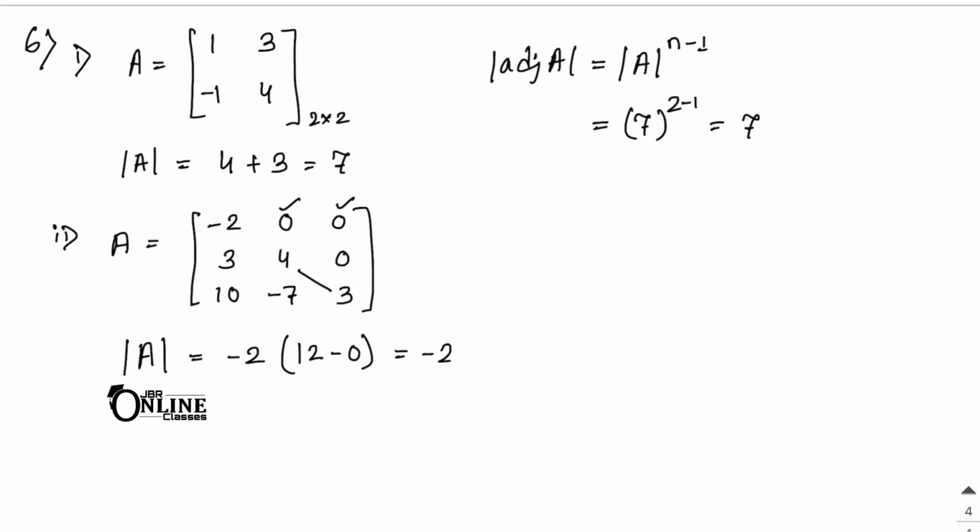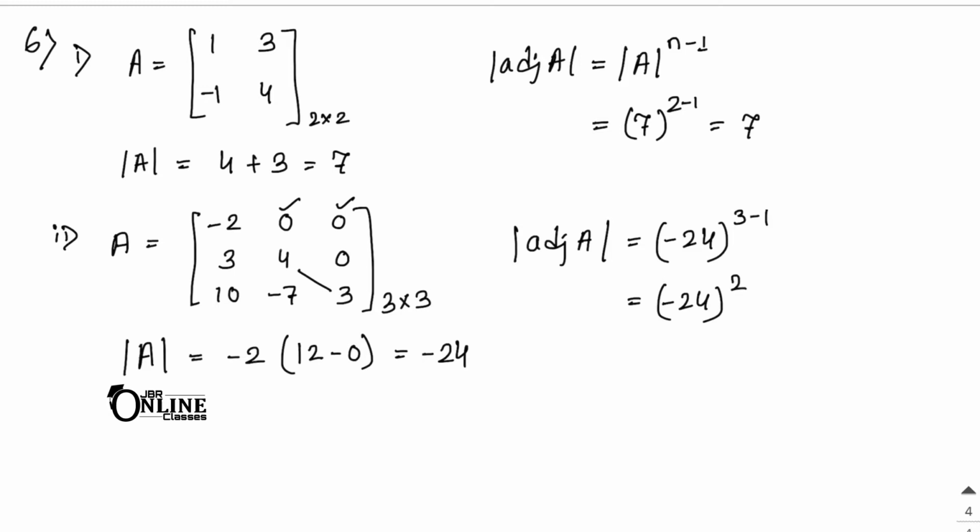So that equals minus 24. So det adjoint A equals minus 24 to the power, as here it is 3 cross 3, n equals 3, so 3 minus 1, that means minus 24 whole square. It will be positive, and 576 is your final answer.